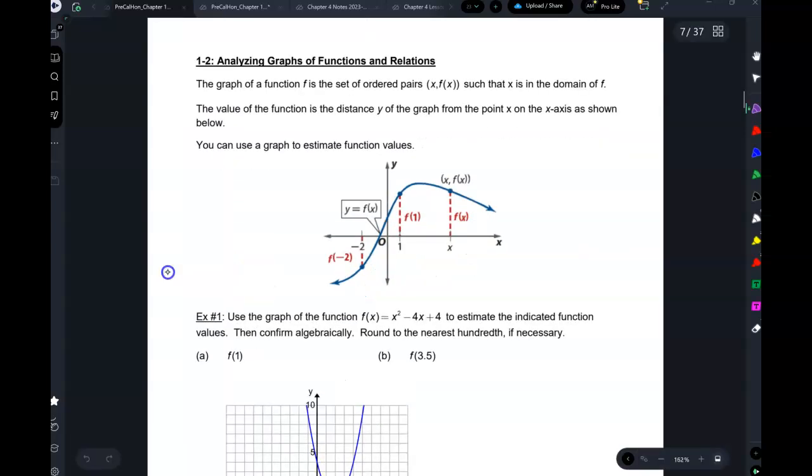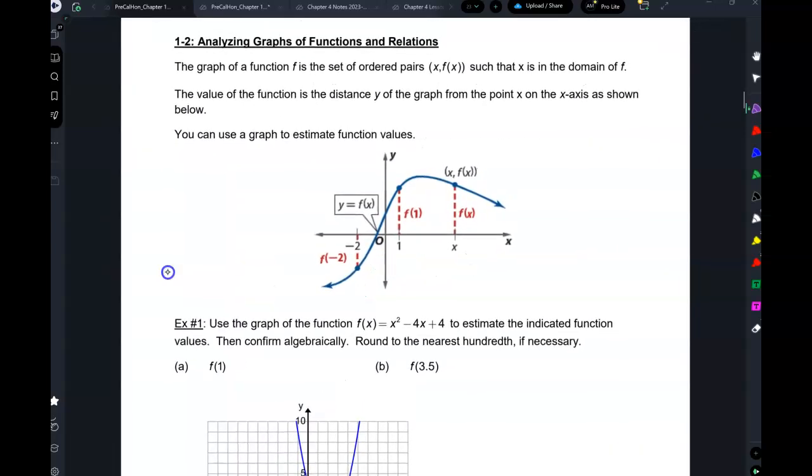Okay, so in 1.2, we're going to talk a little bit more about functions. Let's start with what a function is, right? So we have the equation of something, and when you graph an equation of a function, why does the graph look the way it does?